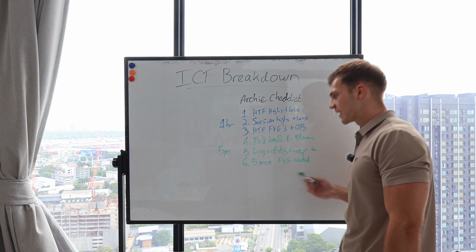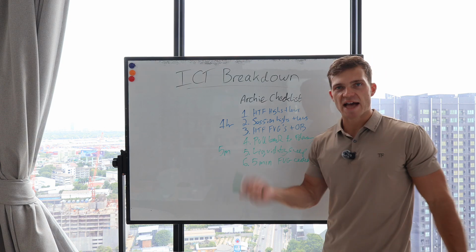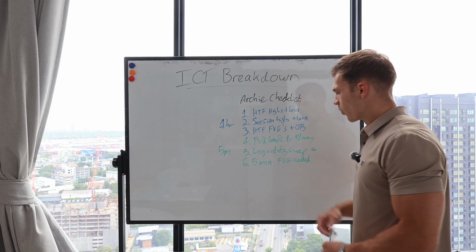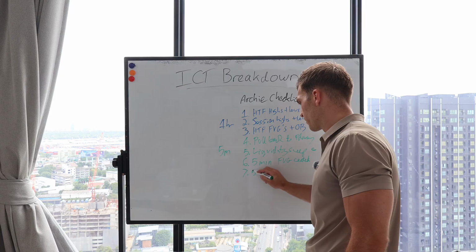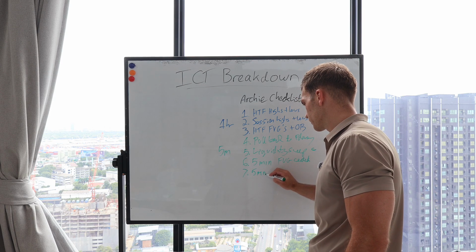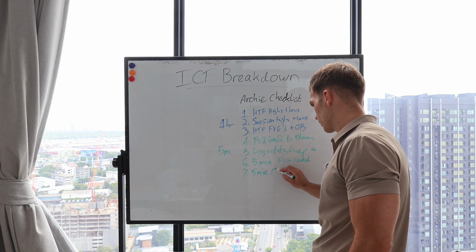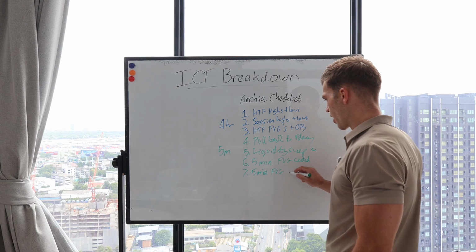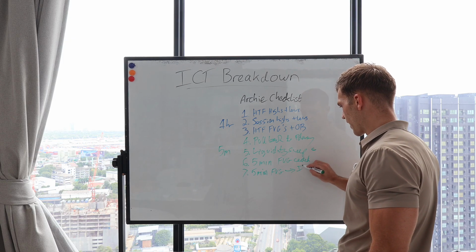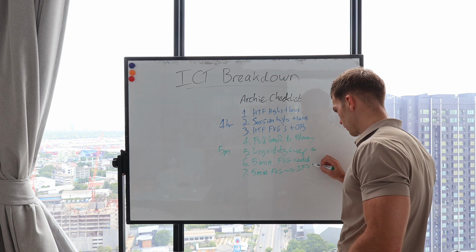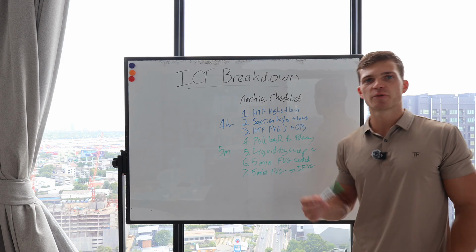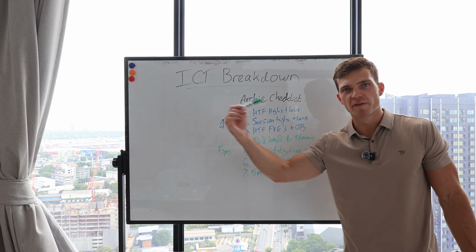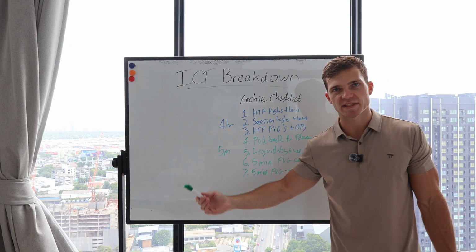The fair value gap must get created as the liquidity gets swept. Once I see this happen, I want to see the 5-minute fair value gap go into an inverse fair value gap. Okay, so that consists of a 5-minute candle close, closing above that fair value gap, inverting it, okay?